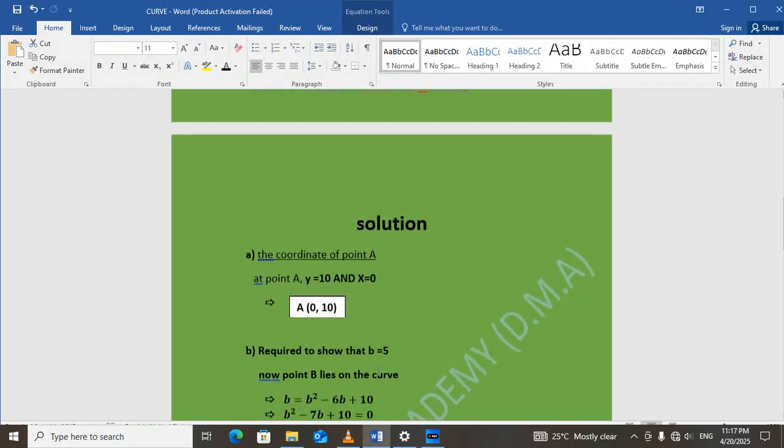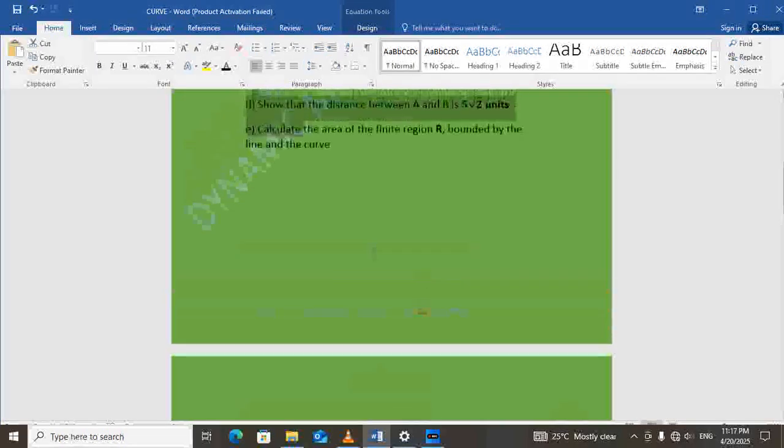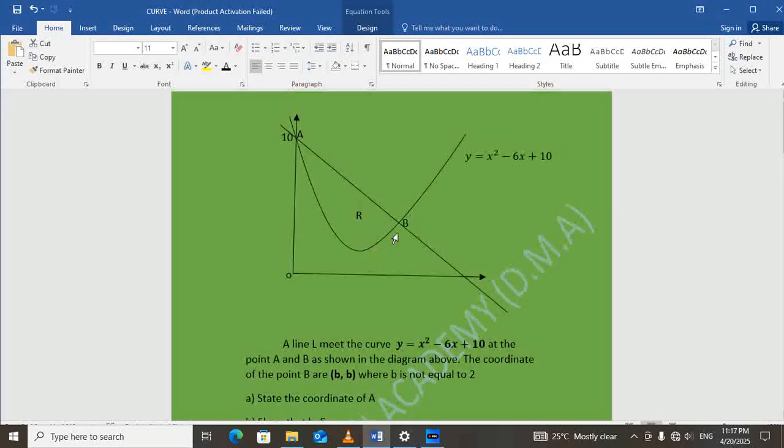Since you are required to show that b is equal to 5, you know that at this point B, the coordinates are (b, b), meaning the y coordinate is b and the x coordinate is also b.